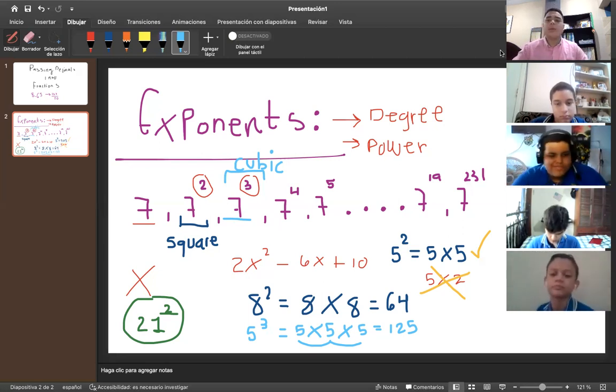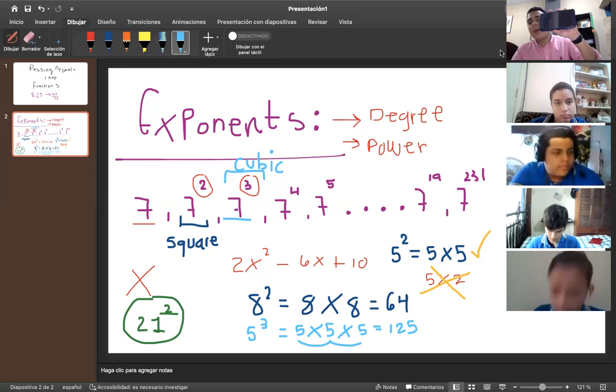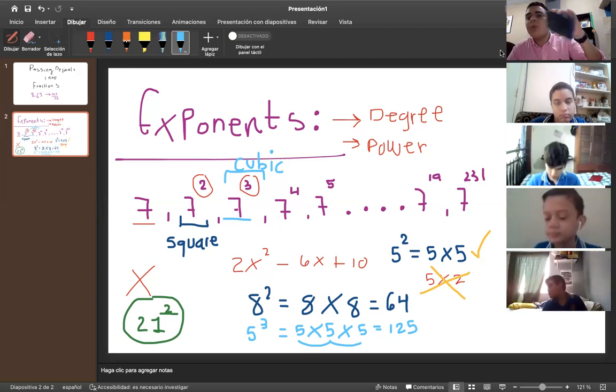For example, do you guys see my cell phone? If you want to know the area of the whole cell phone, remember, area and distance is not the same.